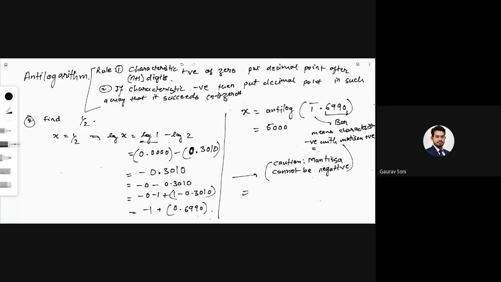What is the characteristic here? 1. 1 minus 1 is 0. So there is no 0 before the decimal point. You just have to put the decimal point in front. So isn't the answer 0.5, which is 1 by 2? Anyone having a problem, please ask freely here.